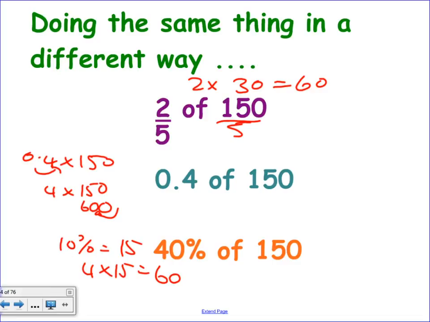So without realising it, we can do a fraction of an amount, a decimal of an amount, or a percentage of an amount really easily if we want to switch between the various formats, the fraction format, the decimal format, or the percentage format, because they're all the same thing, just written in different ways, aren't they? Okay? So, we've now got options galore when we're solving problems.